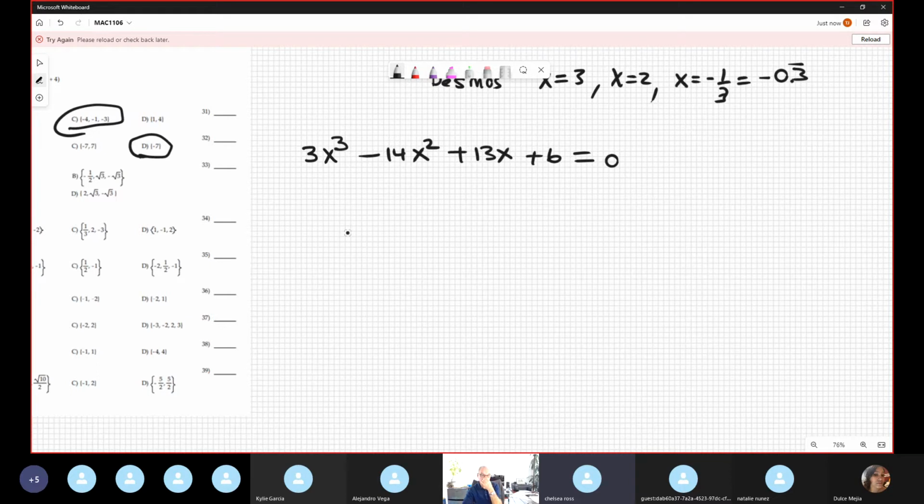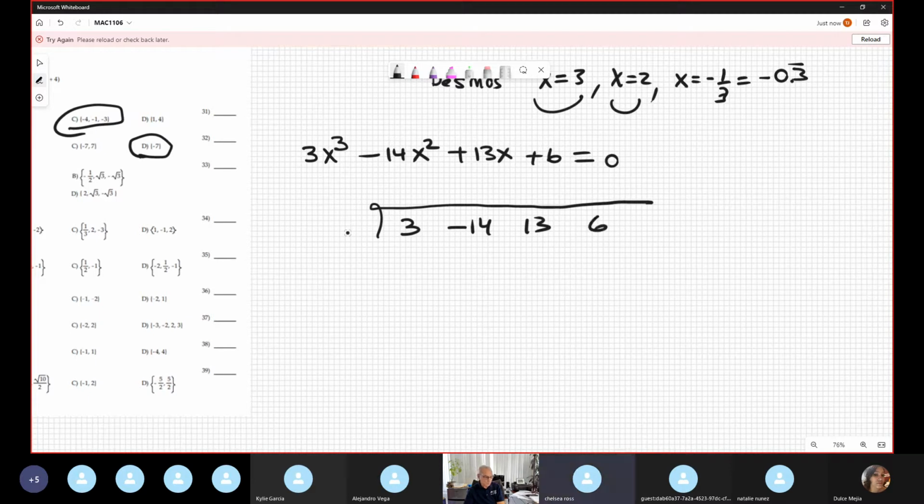I do standard division by 3 by 2, and the last expression I try. Okay, standard division format: 3, negative 14, positive 13, and 6. Okay, it is 3 now here.